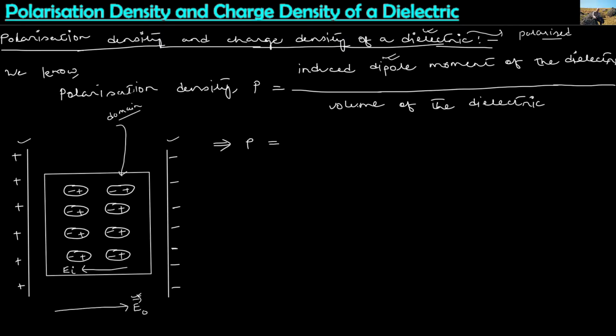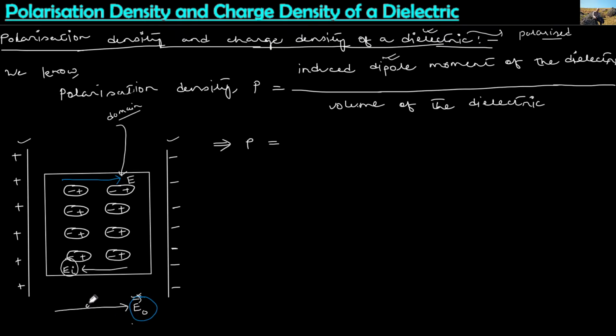But the net electric field inside the dielectric will always be in the same direction as E0, which is our applied electric field. So this blue curve representing our net electric field is denoted by E. And this, which is in the direction opposite to E0, is known as the induced electric field, not dipole moment, induced electric field.